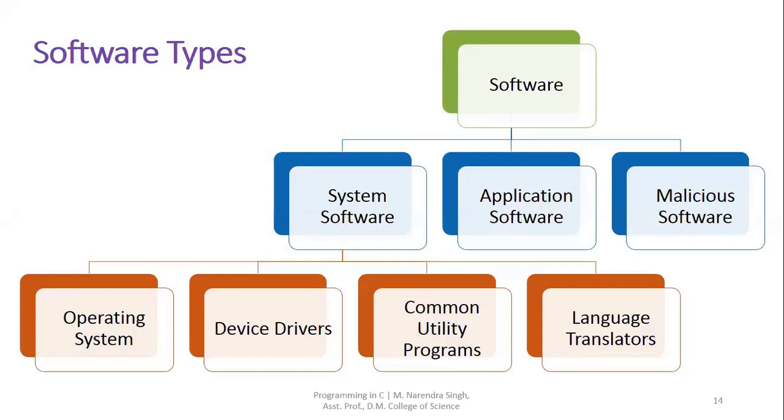System software are those software which we need to operate our computer system. Whatever software we need to operate the computer is called system software. Whatever is not needed to operate the computer system is not system software. As simple as that. System software means whatever software we need to operate the computer. I'm not saying to do any kind of task. I'm not saying if I want to watch a movie, I need a software, but that software I don't need to run the computer.